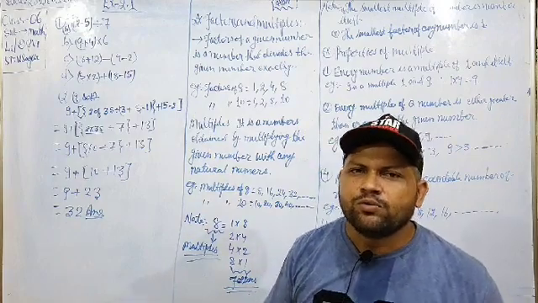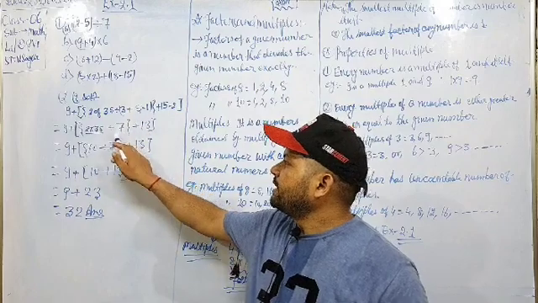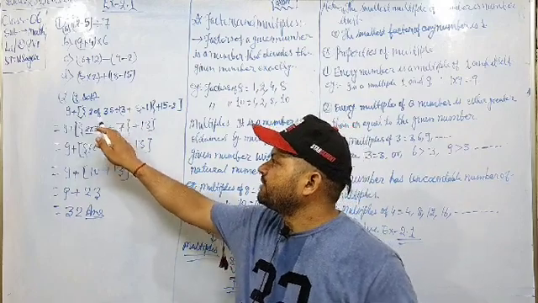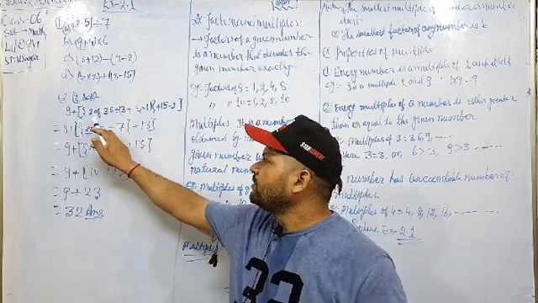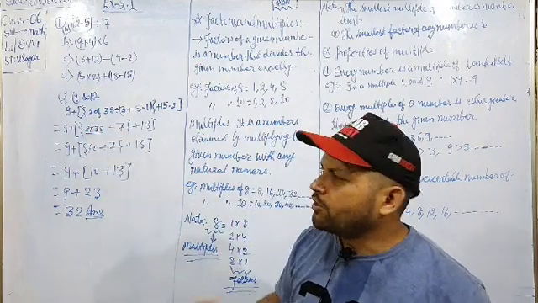First of all we have to solve the round bracket, then we get 7. After that we apply BODMAS and do the of operation.